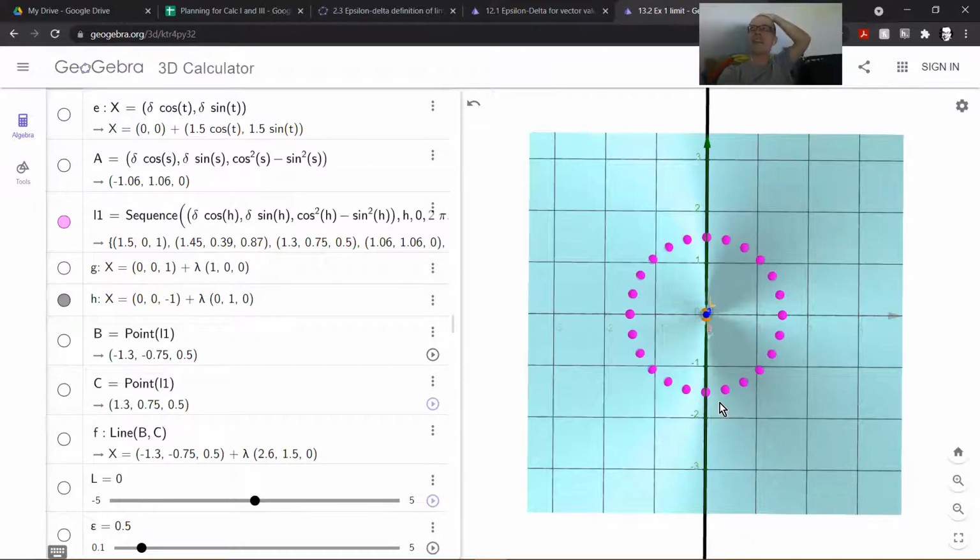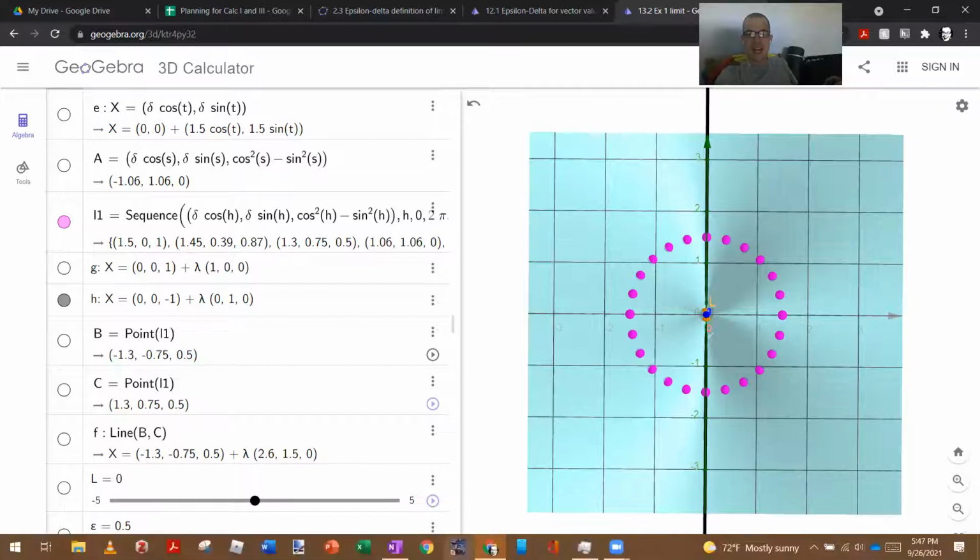Wouldn't it kind of make sense to look at this function in polar coordinates? Because polar coordinates describing a circle is just, hey, you've got a radius and it's a constant number. So r equals delta is a good polar description of this.